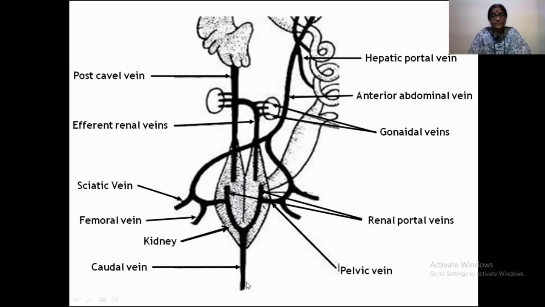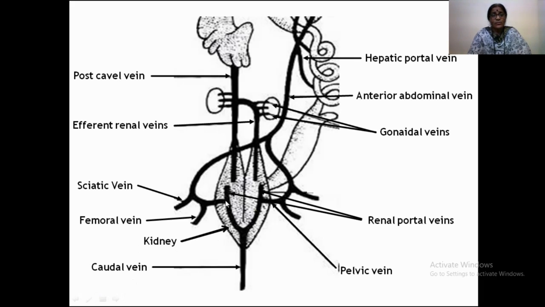See here, this is the caudal vein which runs forwardly. It enters into the kidney and thus it shows a bifurcation in the form of two renal portal veins which enter their respective kidney. After entering, they form a capillary network within the entire kidney portion for exchanging the materials between the blood and the renal cells.